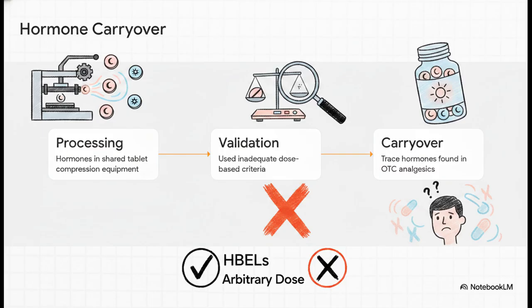But that is completely inadequate for hormones that are active at sub-microgram levels. As you'd expect, trace hormones carried over right into the OTC painkillers, causing unexpected hormonal effects in the patients taking them. This is exactly why we must use rigorous, toxicologically calculated health-based exposure limits, or HBELs, rather than just guessing with arbitrary dose criteria when we share equipment.